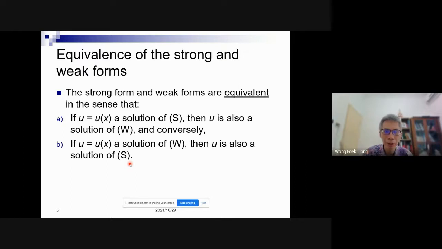And nonsense because we talk different models. But the reality is the strong and weak forms are equivalent. Okay, that's the fact. We can prove this, but the proof is given in my book. You can read by yourself. I will not discuss the proof, okay, because it involves some mathematics.